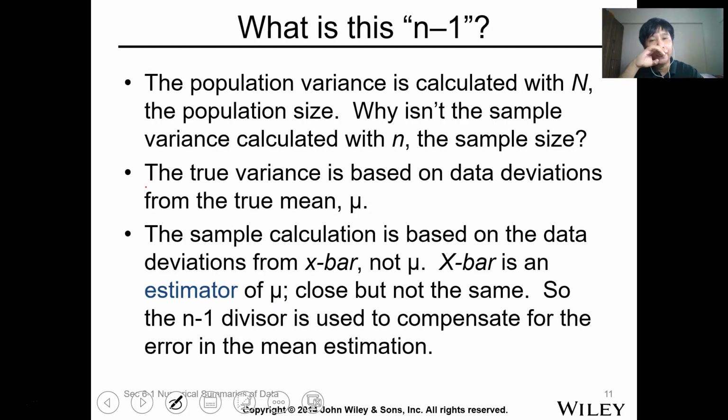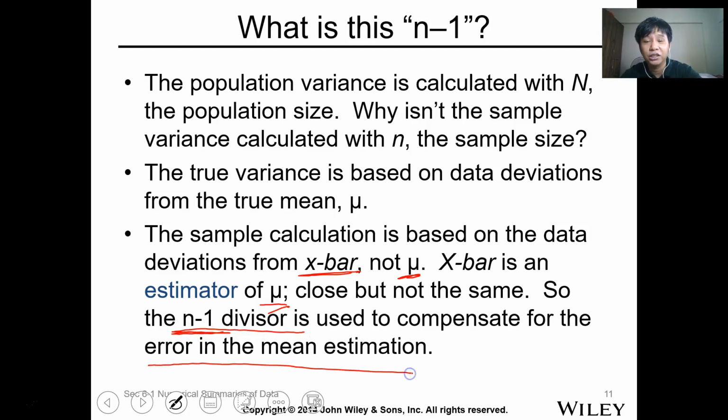Okay, now, why n minus 1? Take note that the mean of the sample is x bar. And this one is an estimation of your population mean. So, this is either close within the mu value, within a specific range of value, so that we want to eliminate the error by dividing by n minus 1.